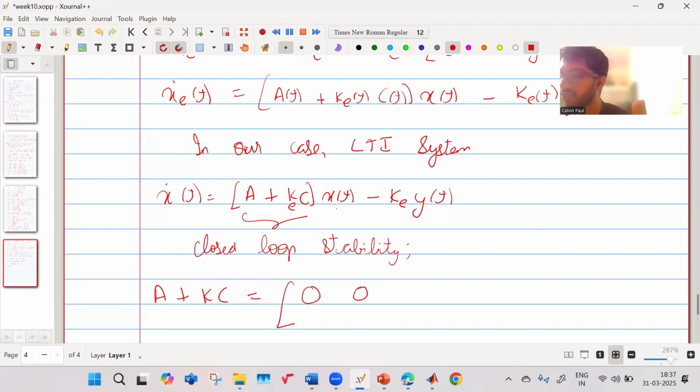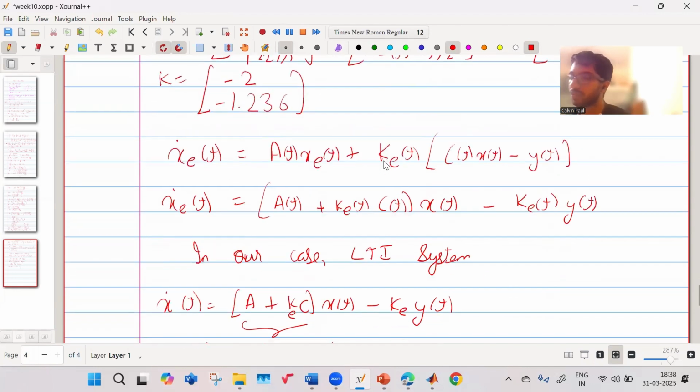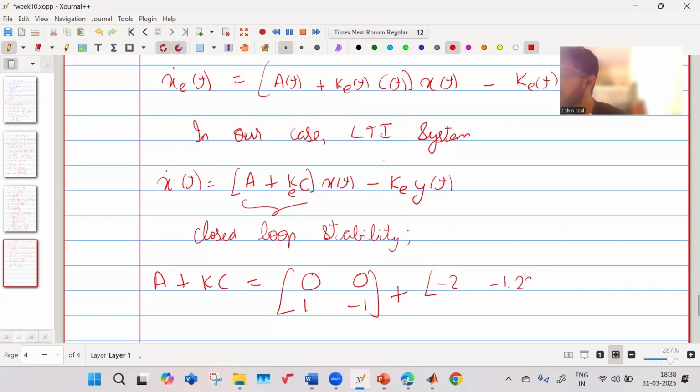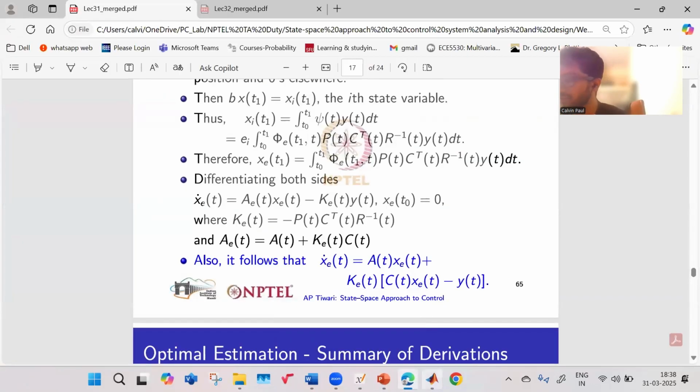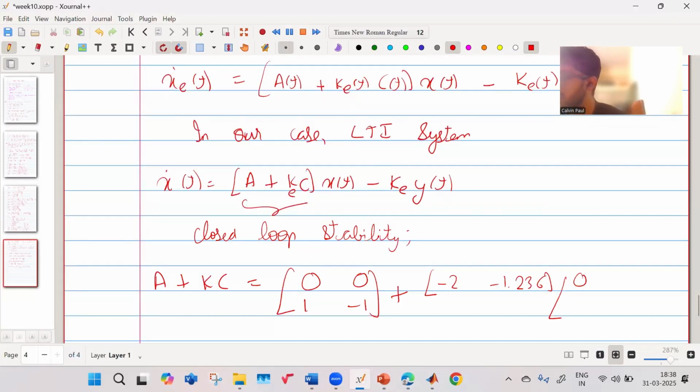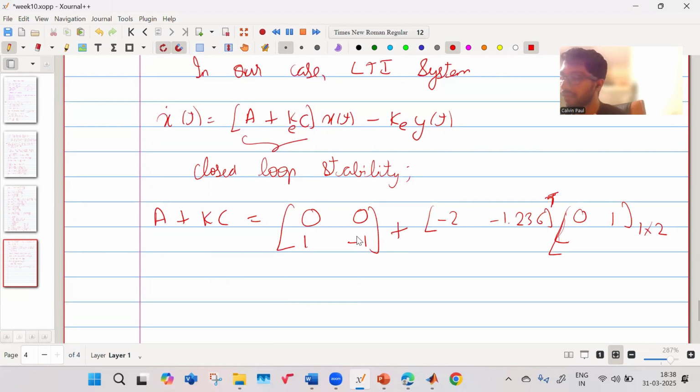So what is our A? A is 0, 0, 1, minus 1, plus K, which comes out to be minus 2, minus 1.236. What is our C? C is 0, 1. This is 0, 0, 1, minus 1, plus minus 2, minus 1.236 times 0, 1.